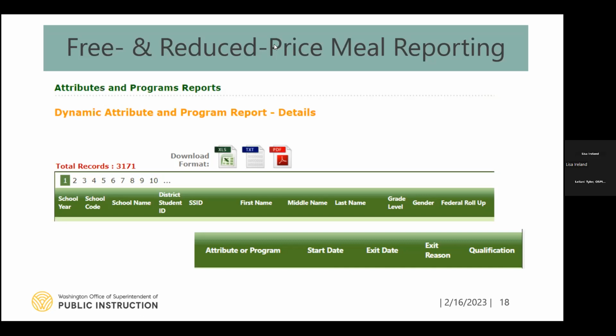Okay, we see some other questions. We will take just a pause here. So Kendrick says they have their family income survey completed. Which CEDARS entry do we need? So in your student information system, depending on which system you use, you can probably reach out to your vendor support team as to how to create a record in your SIS for that student, indicating their eligibility, how they're determined eligible, and their start date.